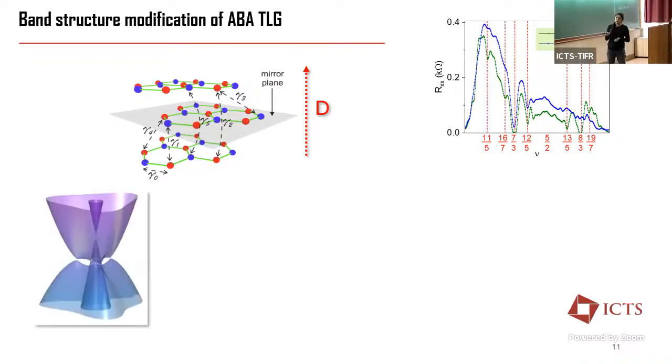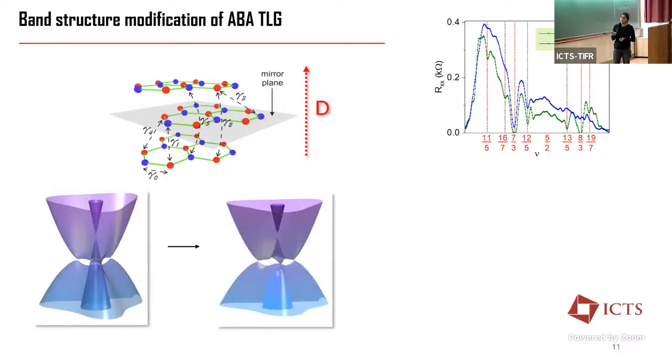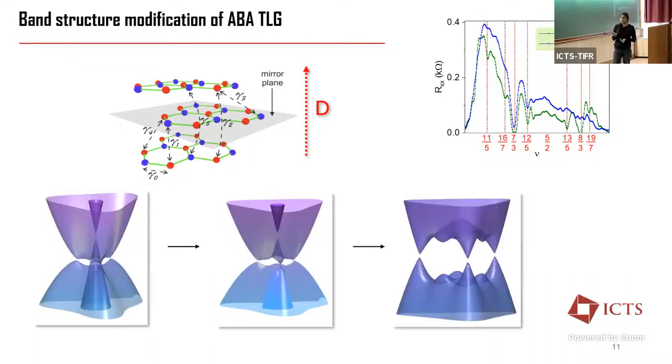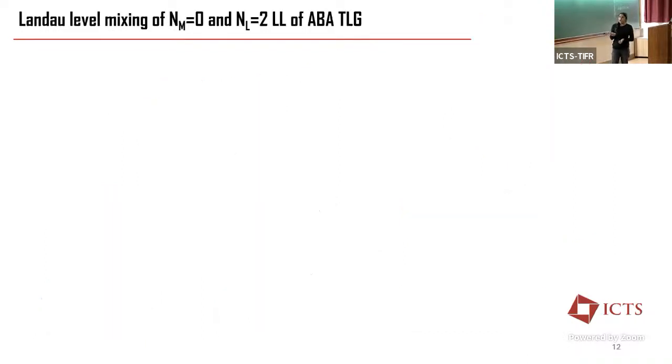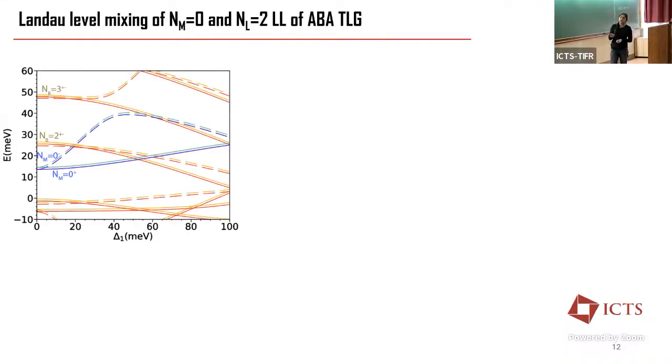So these are the two bands. One is the monolayer-like band and the other is the bilayer-like band. As we increase the electric field, the mixing between the bands starts, and at sufficiently high electric field we have a strong trigonal warping in the system, which leads to complete mixing of the bands. Because of this mixing, we have a huge tunability of Landau level spacings as a function of electric field.